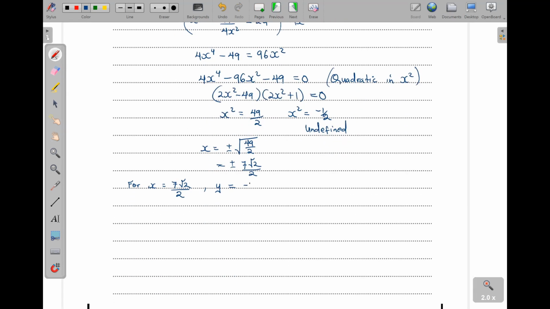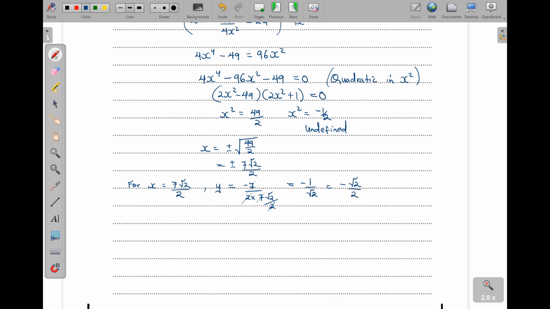So it is negative 7 over 2, and our x is now 7 root 2 over 2. Do you see that this 2 is going to cancel with this, then this 7 will cancel with that, then we remain with negative 1 over root 2, which is actually the same as negative root 2 over 2.